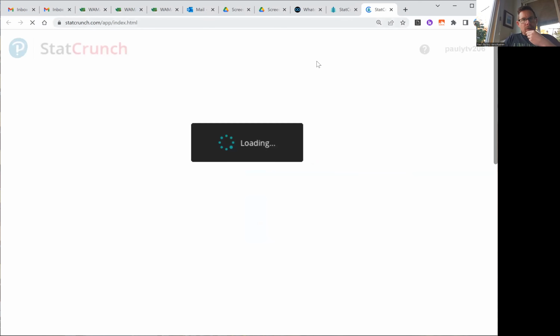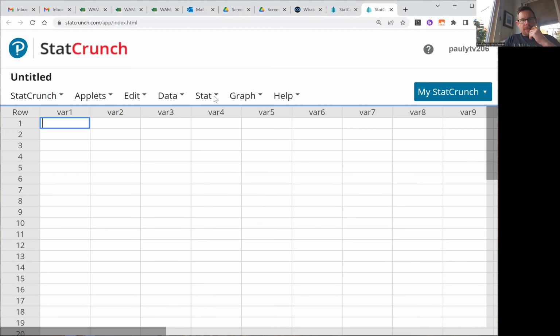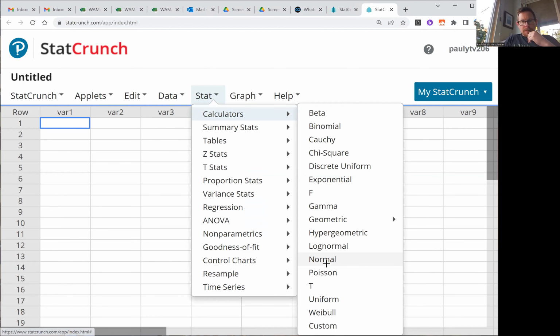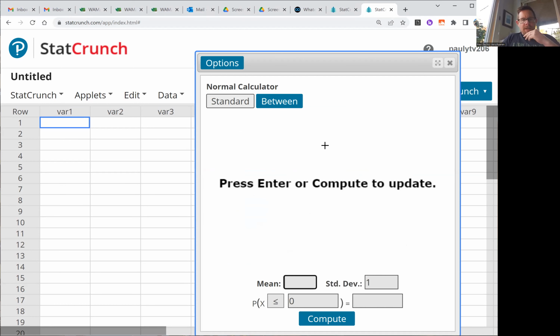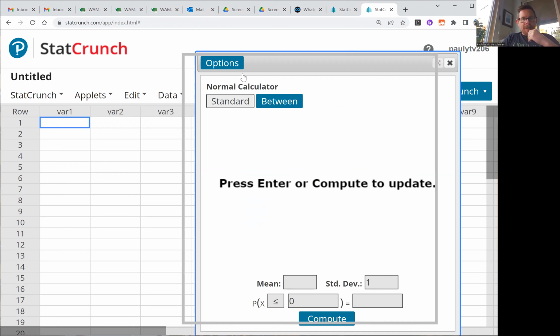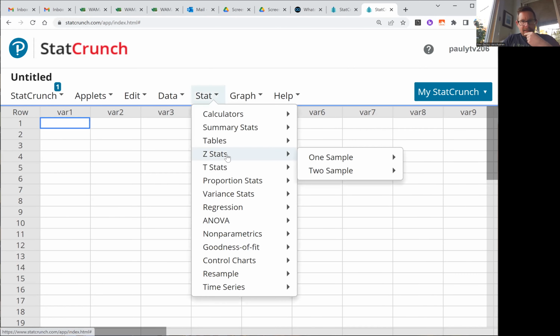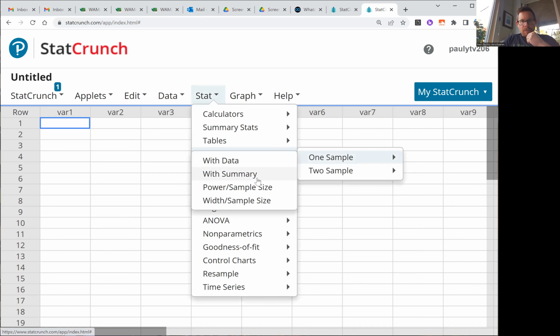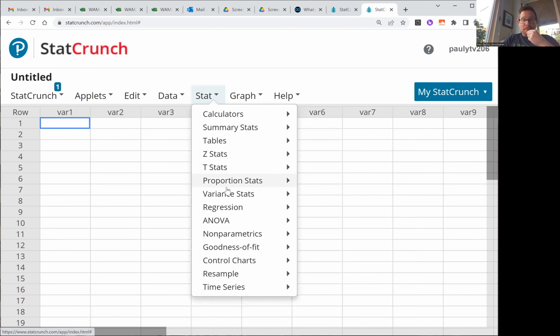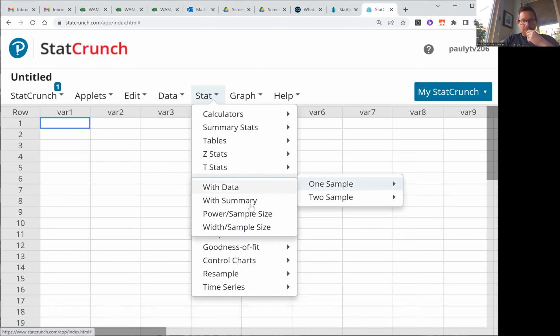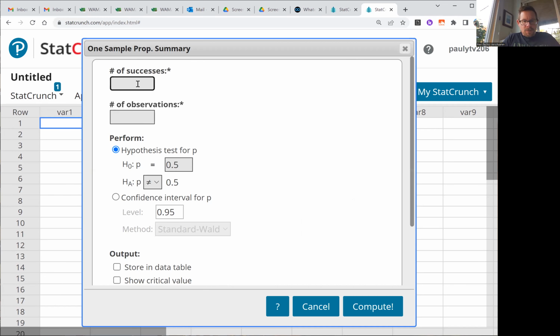I'm not going to a normal calculator. I am going to Stat, Proportion Stats, 1 Sample with Summary. Number of successes, 175. Number of observations, 400. I'm going to click confidence interval for 94. And let's get what we get.